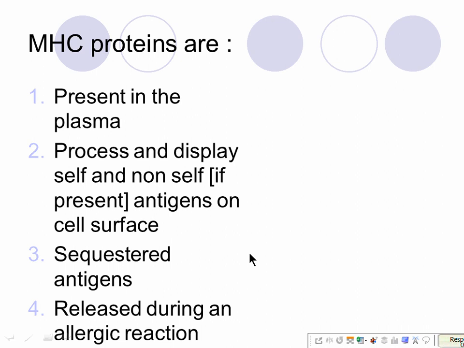Okay, let's see what are MHC proteins. So I shouldn't have had the R over there. MHC proteins.